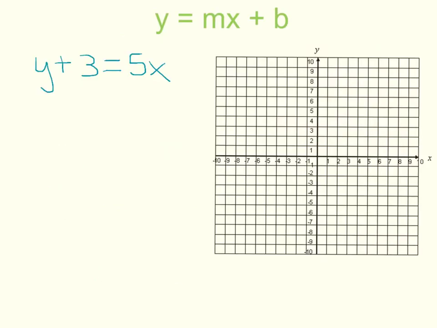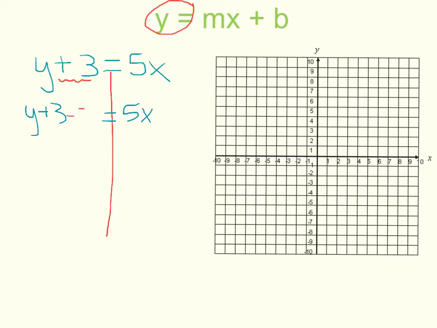So here is our first example. Our goal is you always need y equals. And in this case, we have y plus 3 equals. The whole point is to get y all by itself on one side of the equal sign. So to get rid of this plus 3, we need to subtract 3 on both sides. So y plus 3 equals 5x.